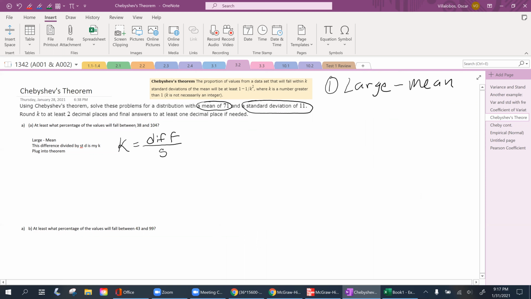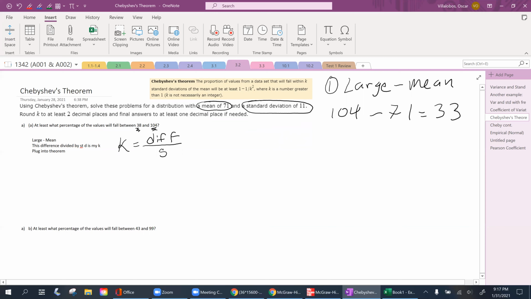Specifically, I'm referring to 38 here as the small value and 104 as the large value. So I'm going to get 104 minus the mean, and the mean that was given is 71. I'm going to compute that difference: 104 minus 71. That difference is going to be 33.